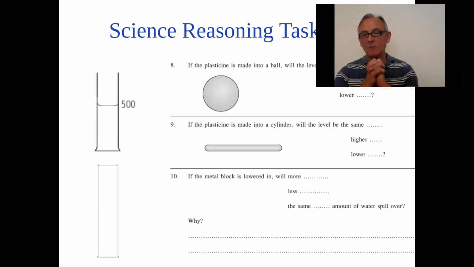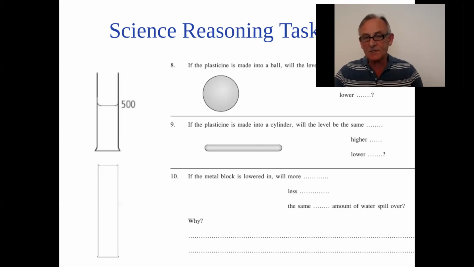Then we roll it into a ball and then into a cylinder and ask them to predict how much the level will rise. Surprisingly, 40 to 50% of my normal grade 6 students think there's a difference in the volume depending on whether it's a round ball, a cylinder, or the original block.